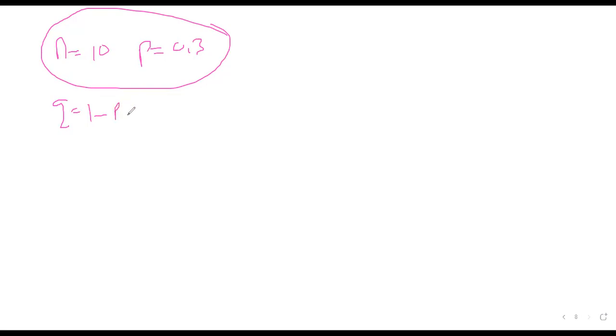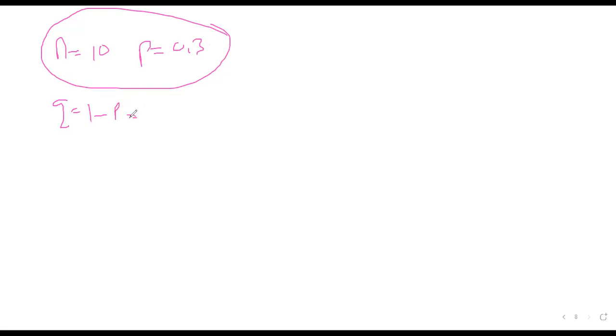If we have n is 10 and p is 0.3, when we're given just these two pieces of information, help me find our q. What is the q? q is 1 minus p because this must add up to 100.